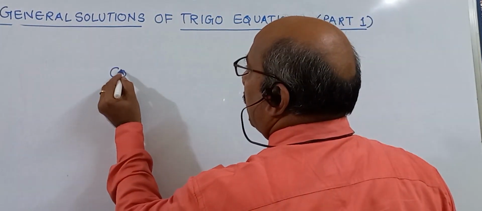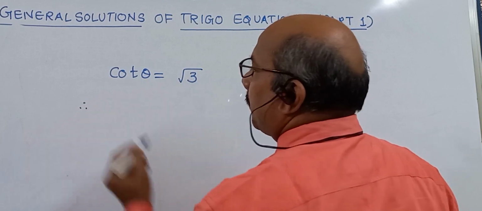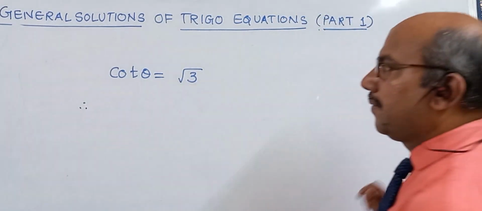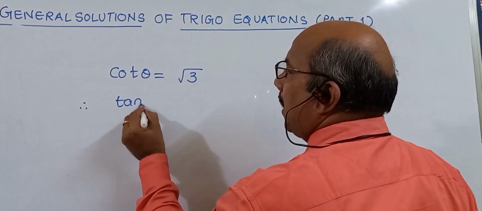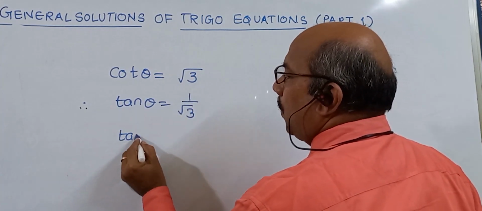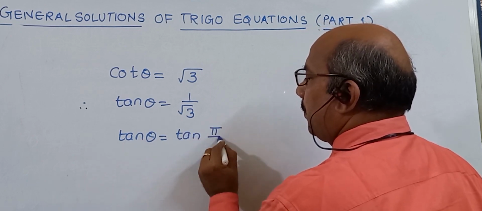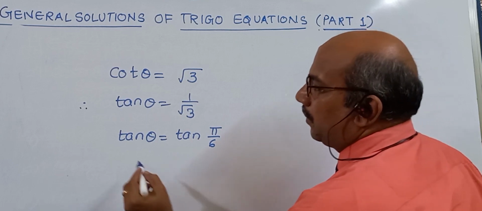Find the general solution: cot theta equal to root 3. So always convert it into tan, that means tan theta equal to 1 by root 3. Now the right hand side is always some standard value, tan pi by 6. Now write down the formula.